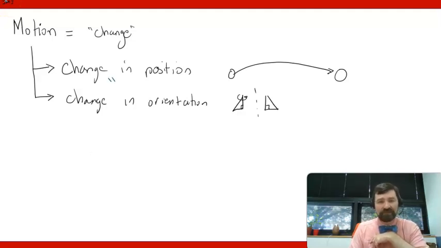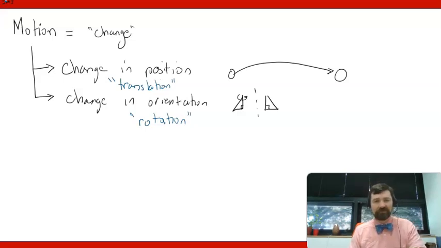Basically, the former one, change in position, is what's sometimes called translation or translational motion, and the change in orientation is more like a rotation or rotational motion. And ultimately, in a Physics 1 course, we discuss both types of motion. Usually we begin with the translational motion and then add rotational motion in stages later.